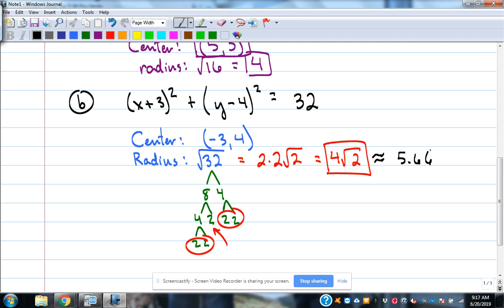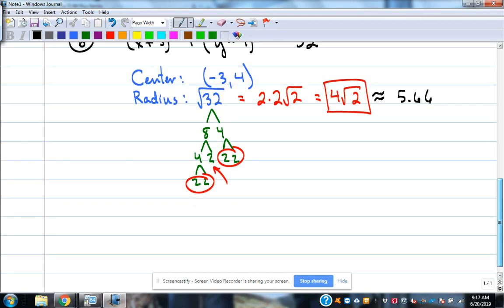So if you were going to graph that, you would put your center at this point, and then you'd go 5.5 blocks out, or a little more than 5.5 out, around there. Again, we don't do a lot of graphing with circles in this course. We mainly work with the equation. Okay, let's do another one of those.